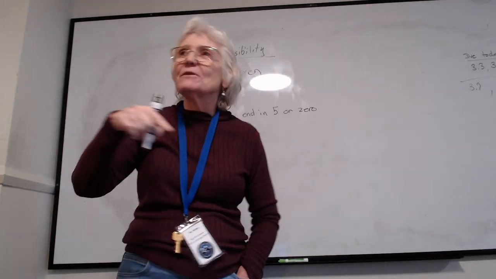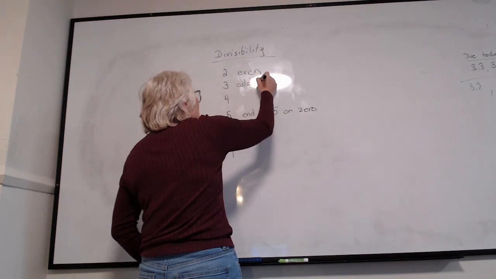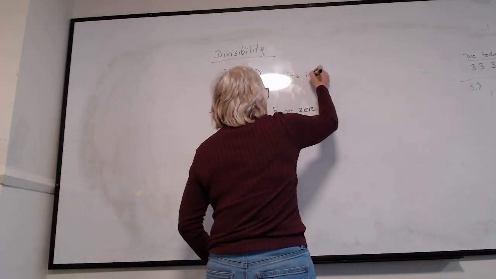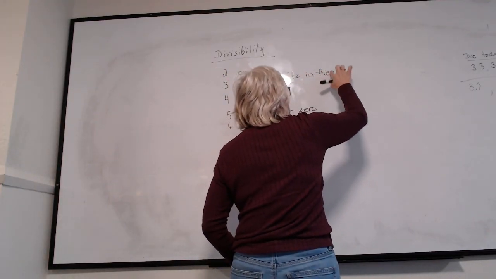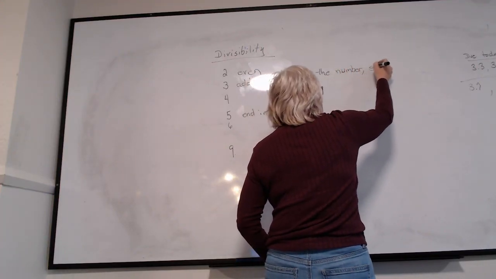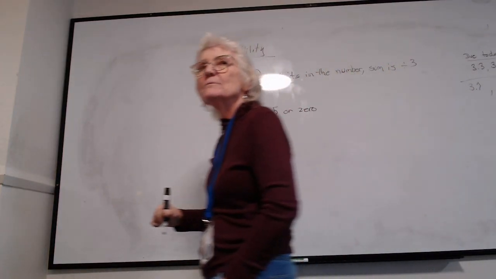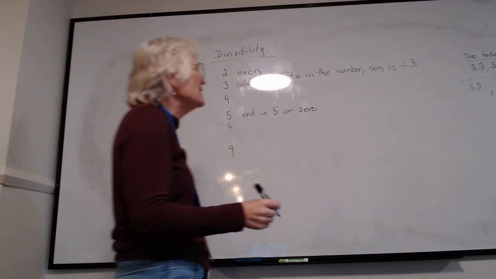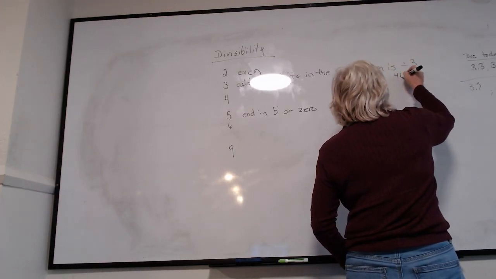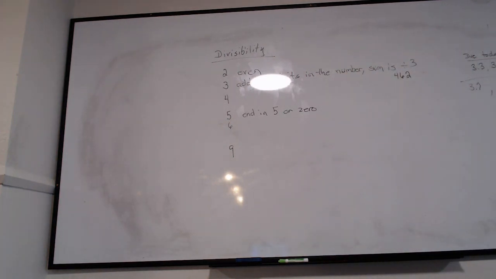Okay, here's a quick way of doing it. If you add the digits in the number, and that sum is divisible by 3, then the whole number is divisible by 3. Let me give you an example. If I gave you the number 462, is that divisible by 3?